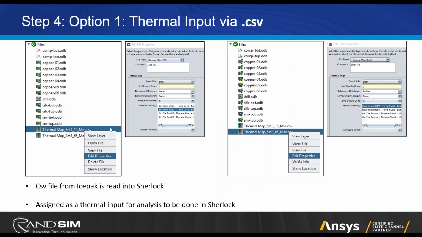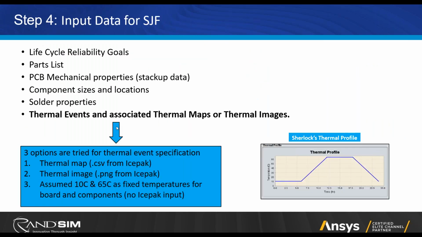To clarify, we are having 2 different IcePak simulations for each here, and you're saying this temperature map corresponds to one section of the temperature cycle and one to the other.